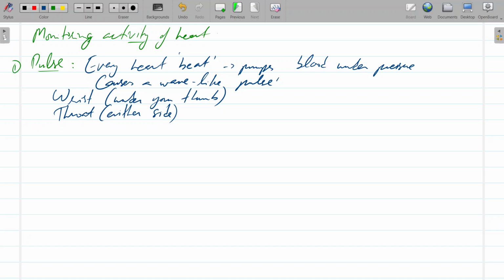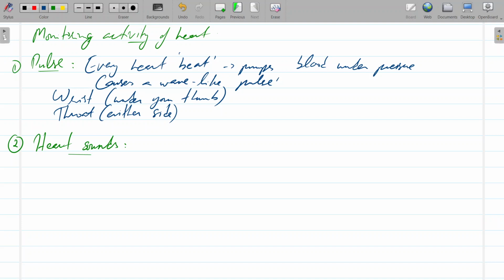The other way that you can do it is by monitoring the heart sound. So listening to the heart. When you listen to the heart, you could obviously put your ear to the chest of someone you know and someone who would be comfortable with that.